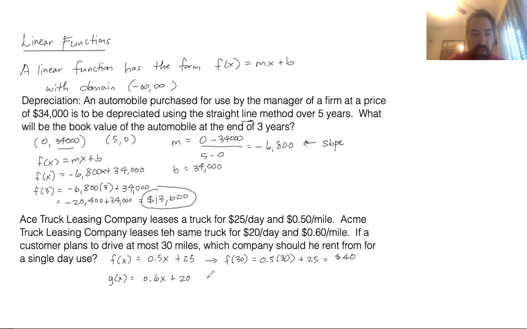That's for the Ace Truck. Now, what about the Acme Truck? Again, we're plugging 30 into the function g of x, and that's 0.6 times 30 plus the 20. 0.6 times 30 is 18, and then the 18 plus the 20 is 38.